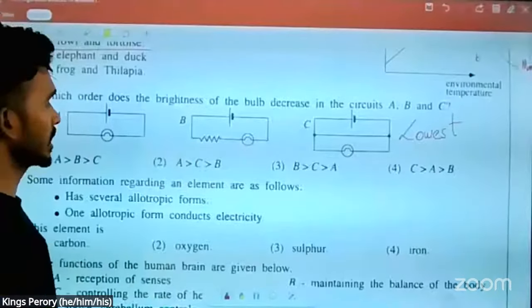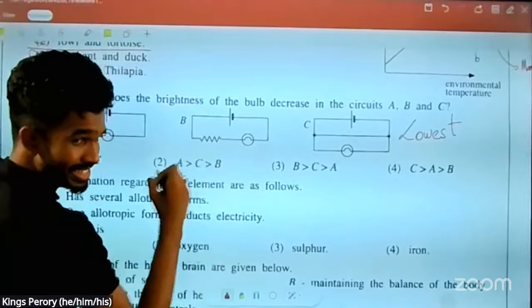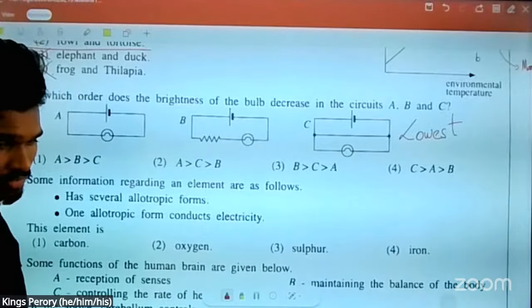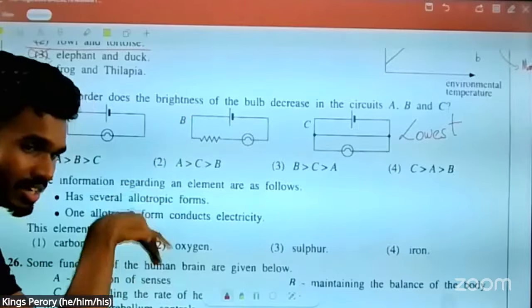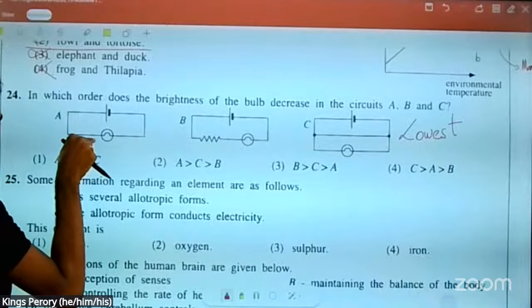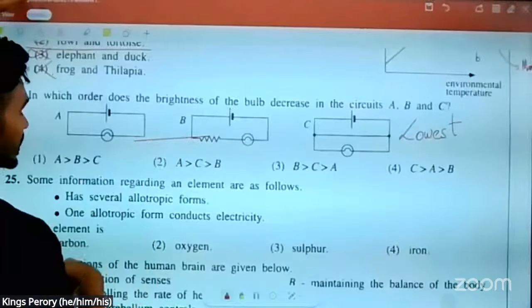Now the fight is between A and B. B has a resistor. What will a resistor do to the current flow? It will decrease the current. Here there is no resistor. Again, all the current will go through the bulb. Here there is a resistor.